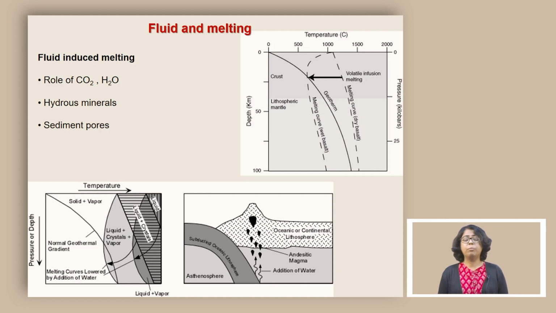So, we are going to talk about it in detail, where we will see that the rocks, when they have water vapor inside, will behave differently than so called dry rocks. Now, how does it work? So, the water and the fluids inside a rock make it go to melting more easily than a relatively dry rock. So, what kind of water are we talking about?